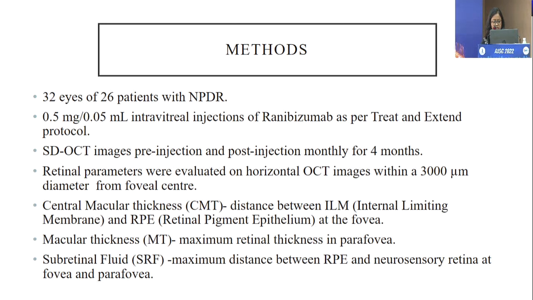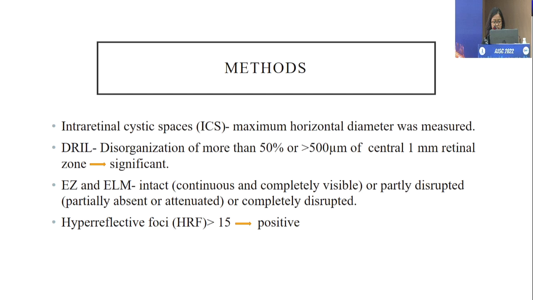Then we measured CMT, central macular thickness, subretinal fluid, intraretinal cystic space, disorganization, that is DRIL more than 50%, EZ and ELM, whether they are intact, partially disrupted or completely disrupted, and hyperreflective foci more than 15 taken as positive.